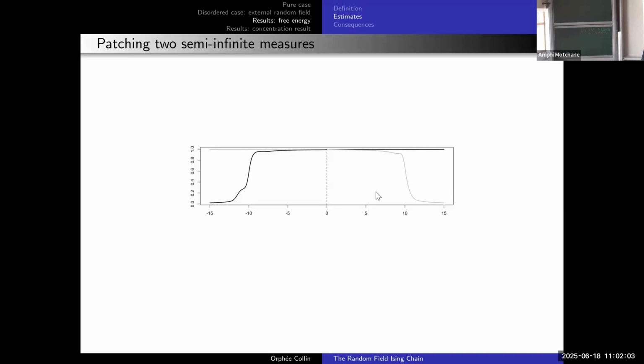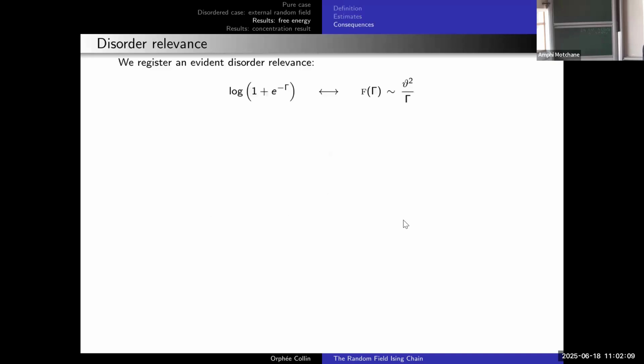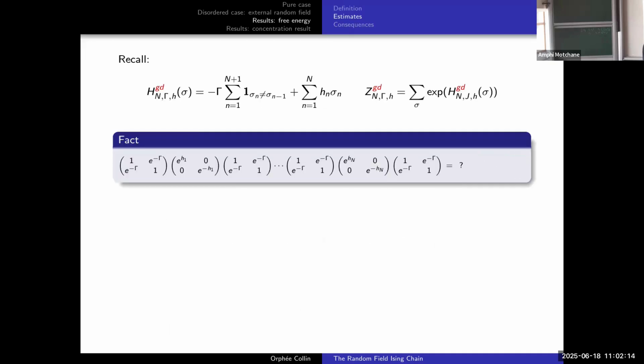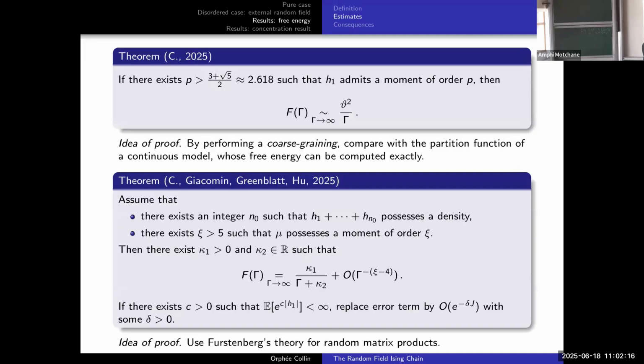And then you have a very good description of what's going on next to gamma, and you can conclude the proof of the theorem by exploiting the Furstenberg formula.